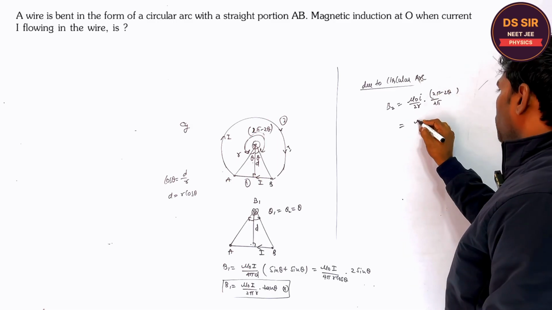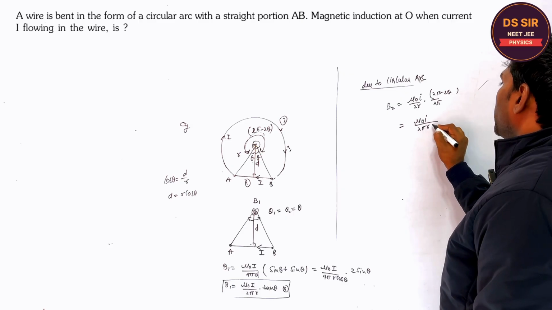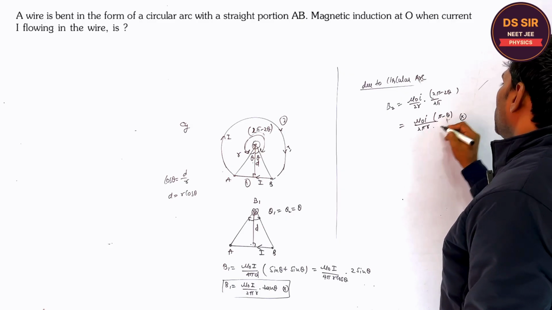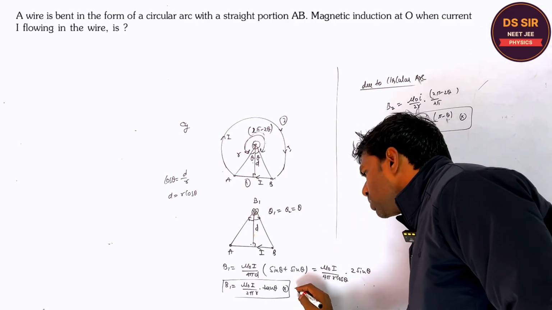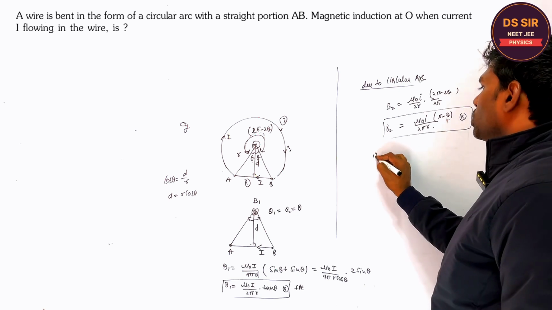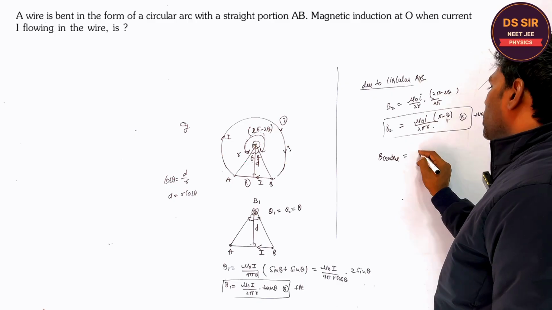So mu naught I upon, simplify, this is 2 pi r, pi minus theta, into the board. This is the B2, right? If it is into the board, positive. So the net magnetic field at the center is what?